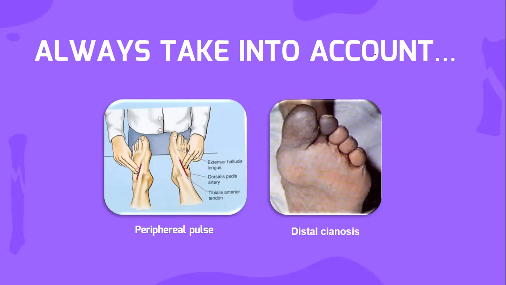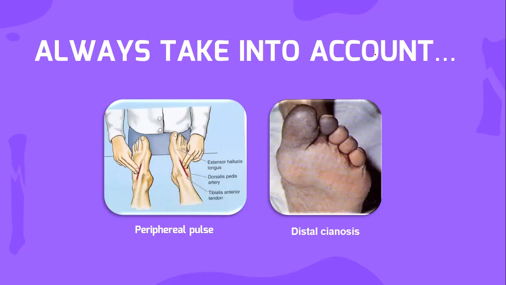What we always have to check is the peripheral pulse, because the fragments of a fracture could also damage the blood vessels that are supposed to deliver oxygen to peripheral tissues. They tend to damage vessels. That is why we always have to check the peripheral pulse.